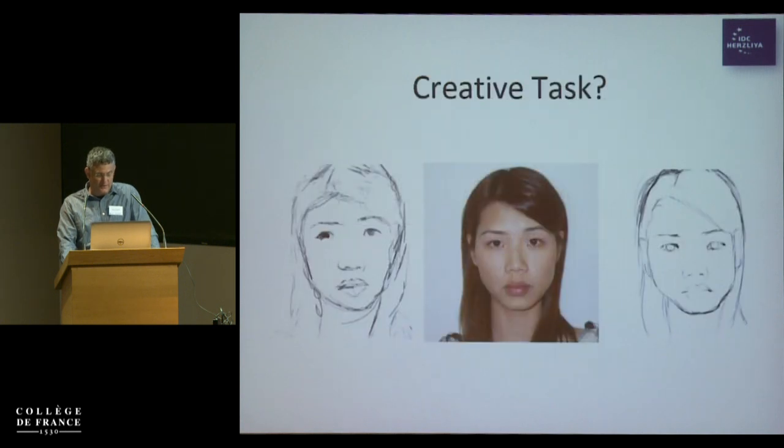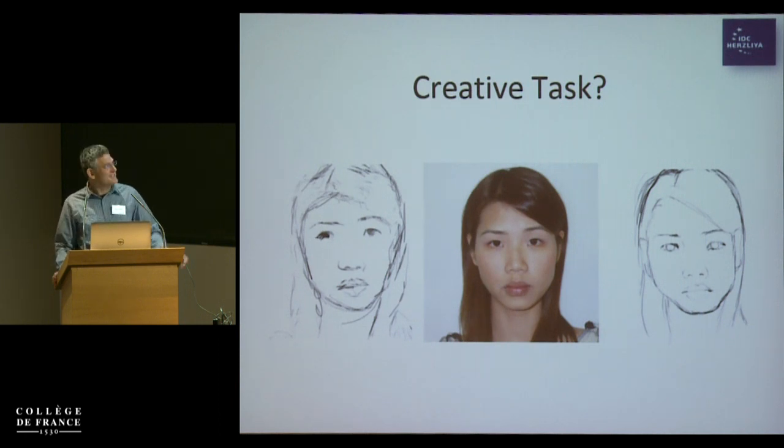Let me start with a very simple example. When we talk about creative tasks, obviously one of the first things that people think about is drawing portraits, right? So here's an image, and there are two drawings of that image as portraits here. And let me ask you, can you guess which one of those portraits was done by a computer and which one was done by a human being?